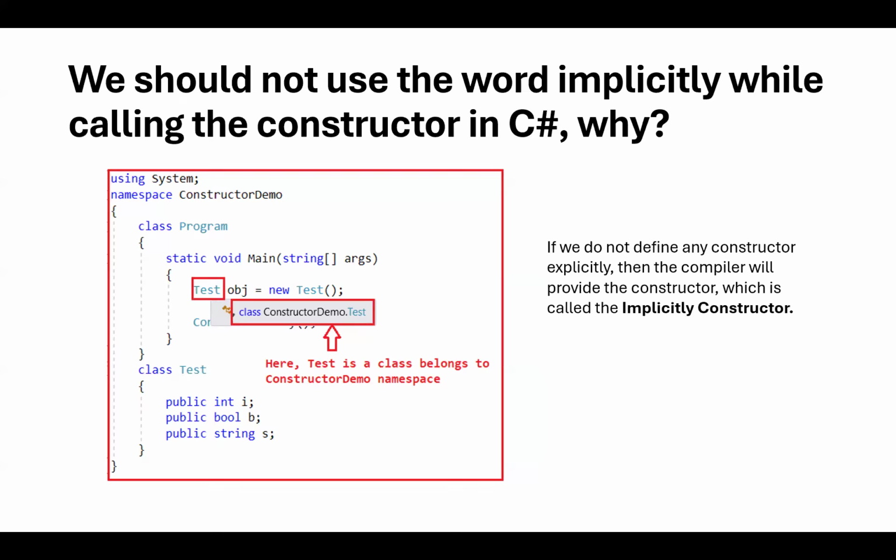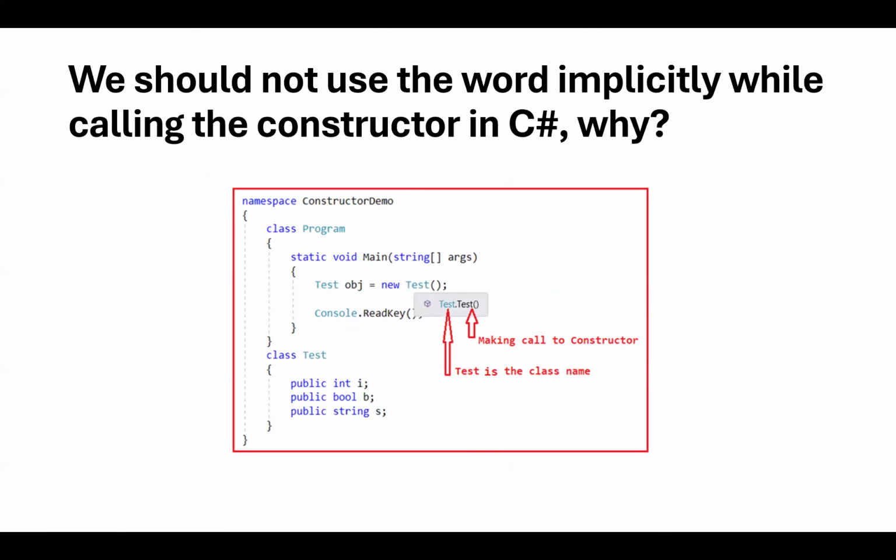It's the Test class, which is present under the ConstructorDemo namespace. So you can always move the pointer of your mouse in Visual Studio and get additional information about any object. It's very useful.